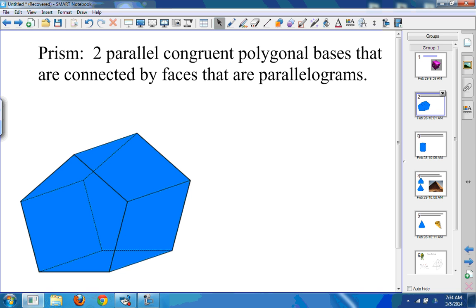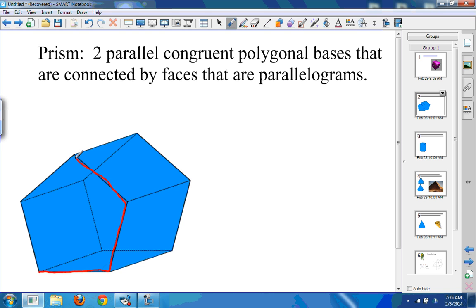There are a few different kinds of special solids that we're going to study. The first is called a prism. A prism has two bases. You can read the definition up there, but it has two bases. So it has this base here.